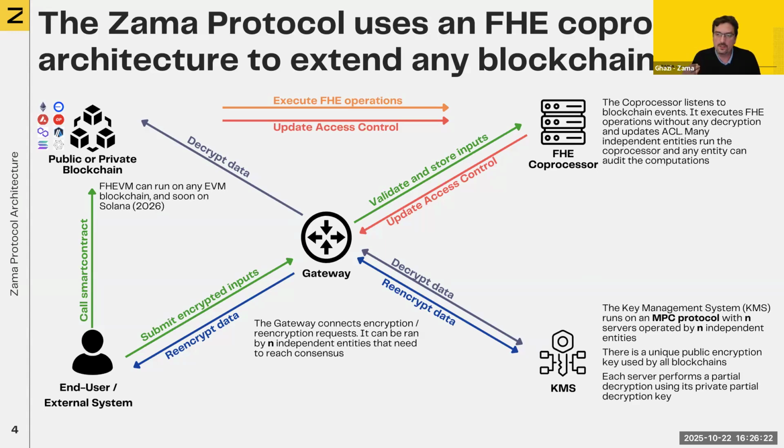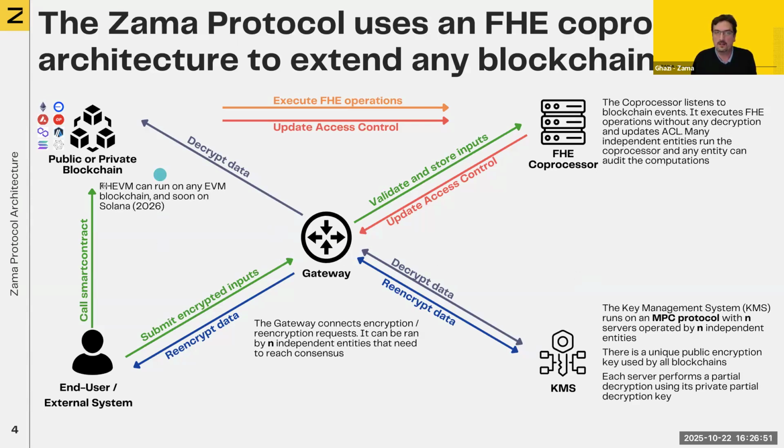And then the decryption key is sharded. So you have nodes that have a shard of the private decryption key. So each node will perform two things. If I want to decrypt something, they'll first check that I have the right to decrypt. So we have an ACL, an access control list, that is created by the smart contract.